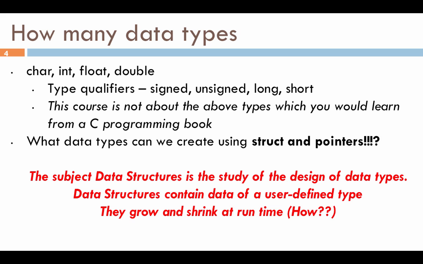So therefore, data structures contain data of different types. The subject becomes very interesting when you start trying to create your own data types. What more do we know about the data structure itself? We wish our data structures to be dynamic, in the sense that we want to write our program so that the data structure can grow and shrink at runtime.